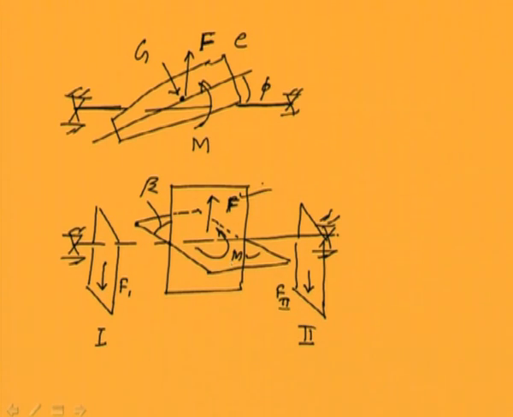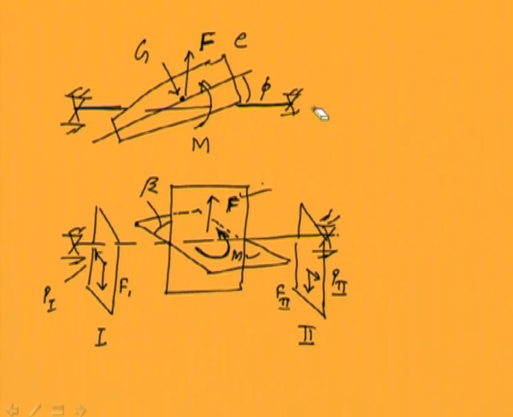Due to the couple M, we can have correction mass in this direction, that is P1, and this direction P2, because P1 and P2 should form a couple and it should be opposite to the direction of the moment. The moment, if we see from the top, is in the counterclockwise direction. So the couple due to P1 and P2 should be in the clockwise direction.